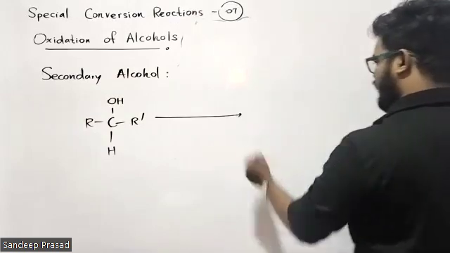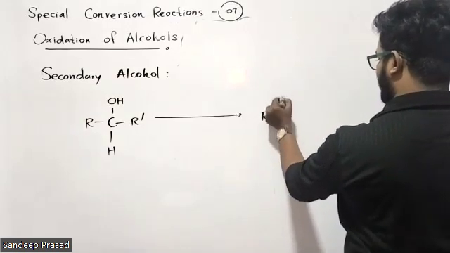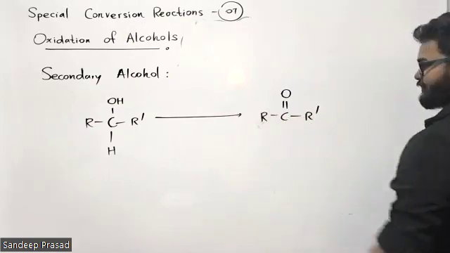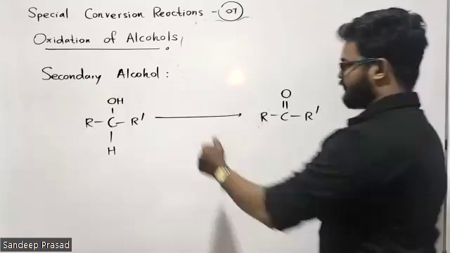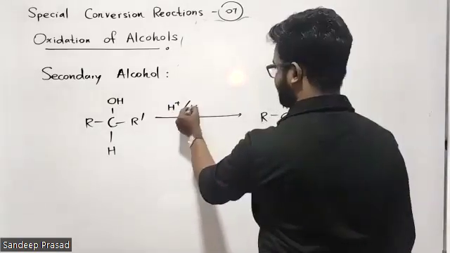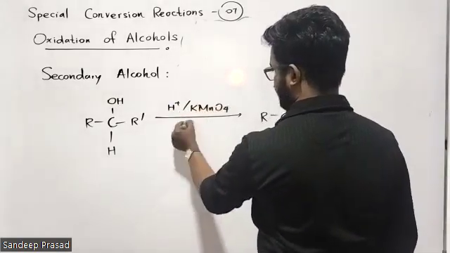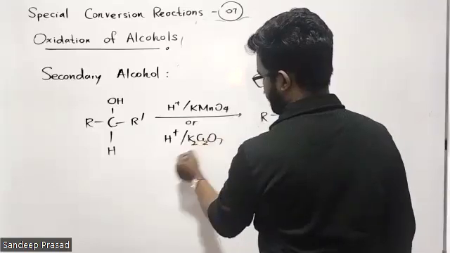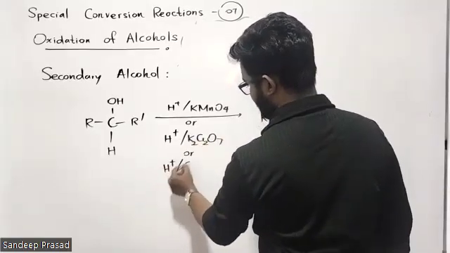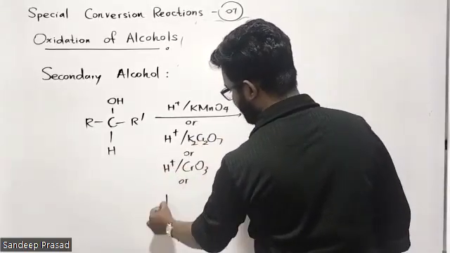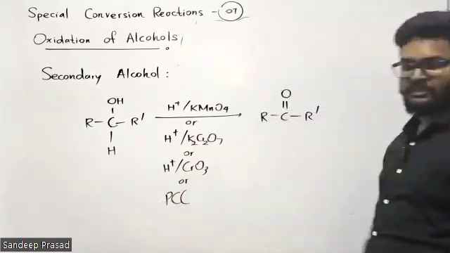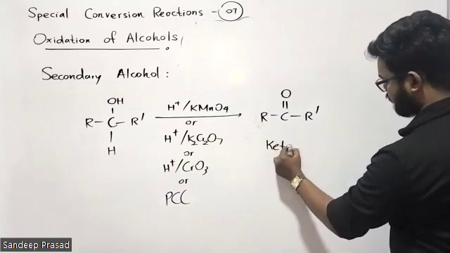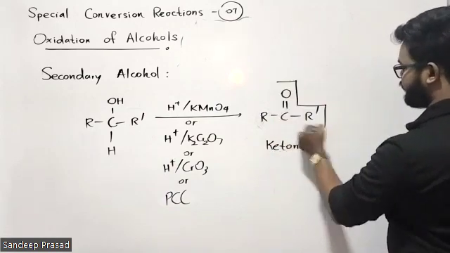What will happen? This is directly converted into a ketone. It can't go to the carboxylic acid stage. So it can be acidic KMnO4, or acidic dichromate, acidic CrO3, or even PCC. Still it gives a ketone. So a secondary alcohol is converted into a ketone.